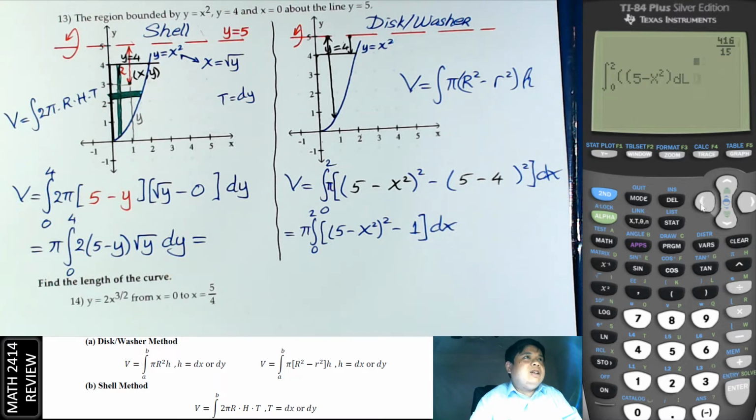What happened? 5 minus x squared minus 1.